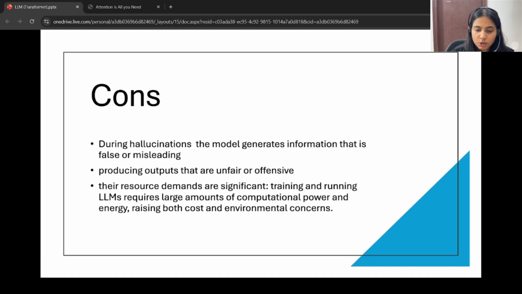It can also produce output that is unfair or offensive, so we have to be more careful when searching something. Their resource demands are also significant. It needs a huge amount of training data. For running LLMs we need computational power and energy, and it raises our cost and environmental concerns. So these are the cons of LLMs.